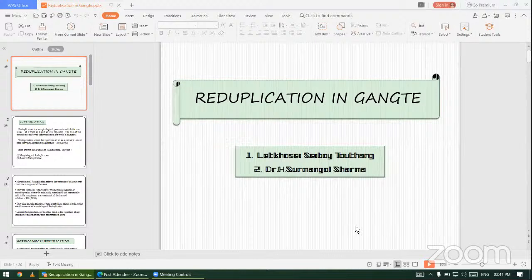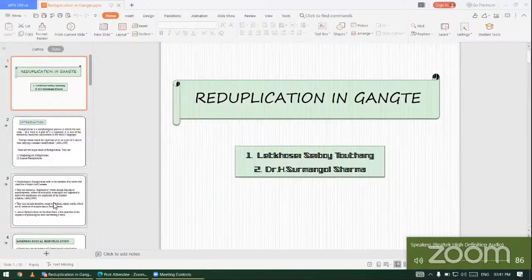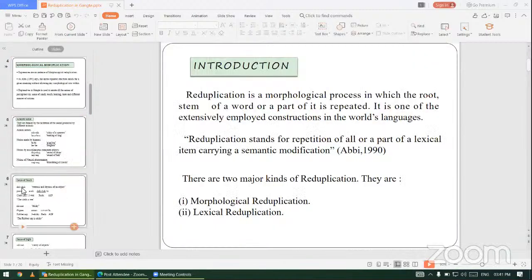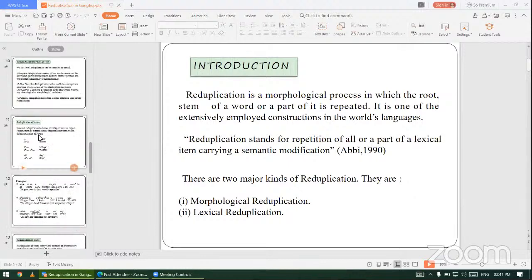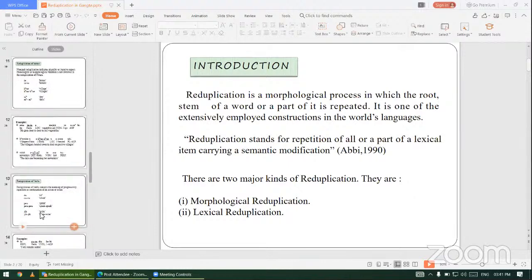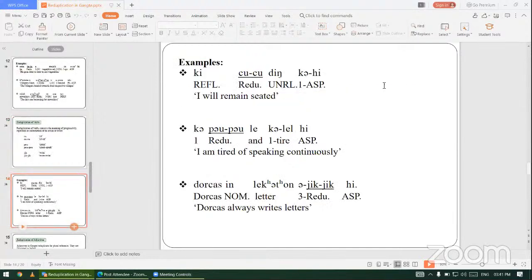Yes, Krishna, can I ask madam a quick question? Yes, please. Thank you for that paper. There was one sentence, I will remain seated. Can you please go back to that sentence? So that ki, is it a reflexive or what?